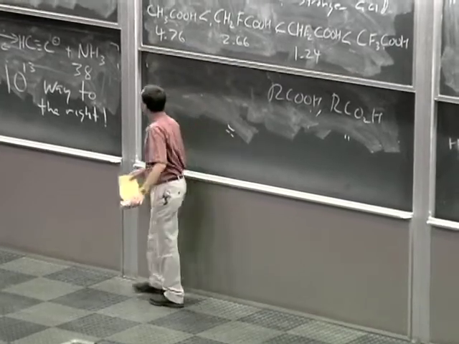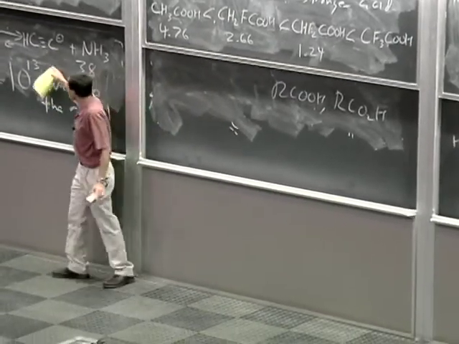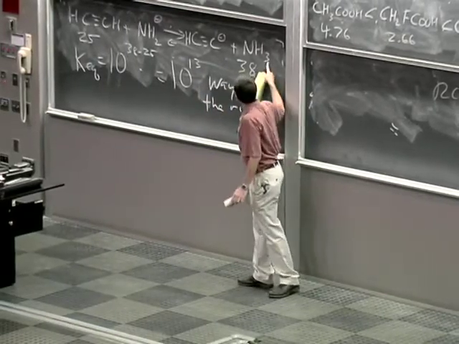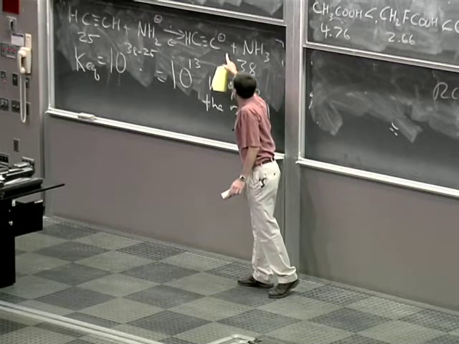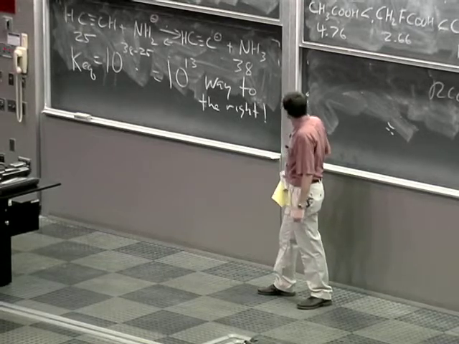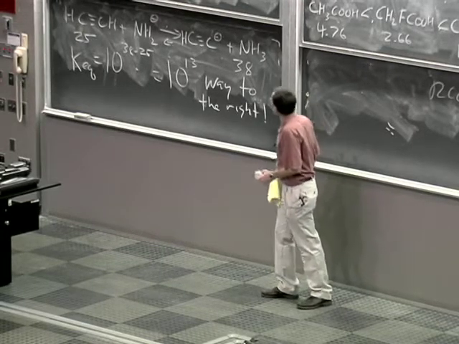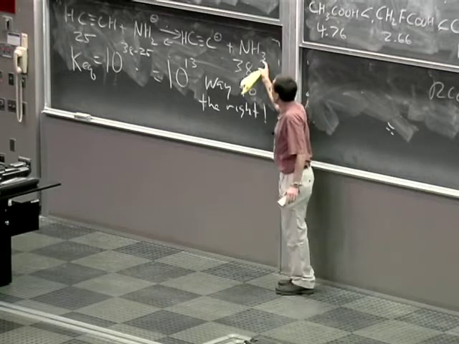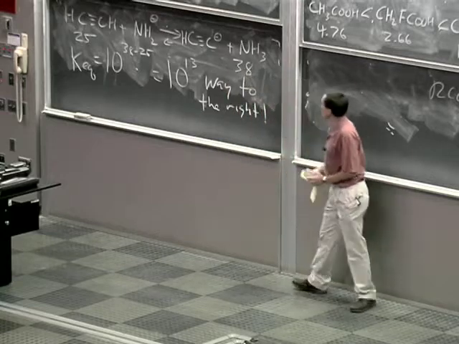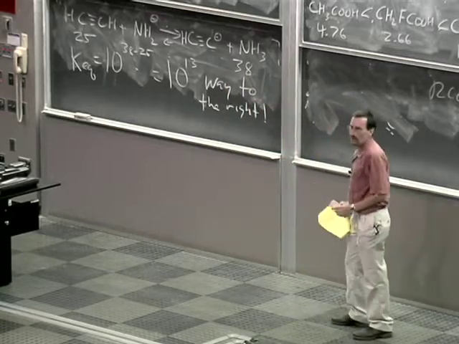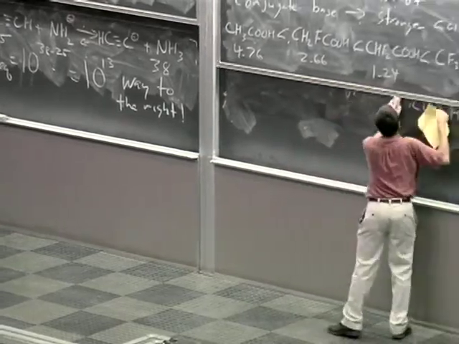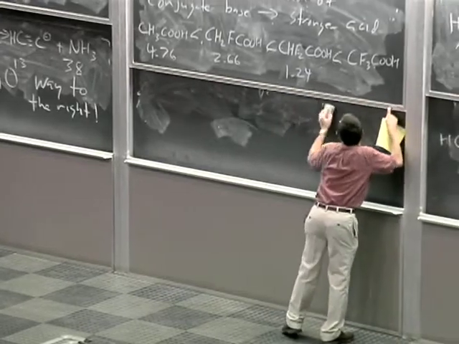Conversely, if I mixed a mole of ammonia and a mole of sodium acetylide, the concentration of acetylene would be pretty darn close to 0 as well.